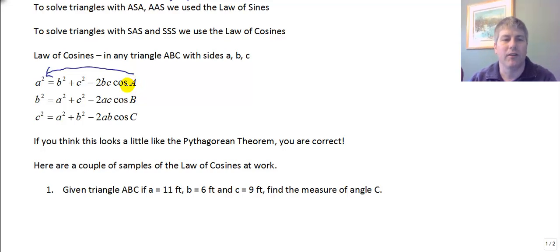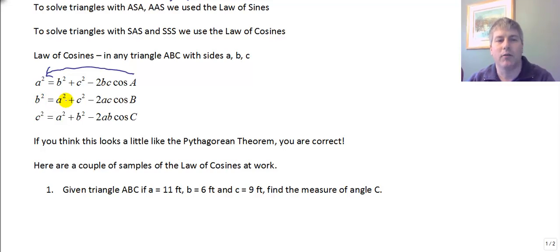So there's this connection between the cosine of whichever angle I'm using and, of course, what I'm setting it equal to, the square. So if I've got angle A, and I'm trying to find side A, I can use the A squared version. Now, whether I have B or C here, or A or C, it's really just the rest of the Pythagorean theorem. It's the other two sides.